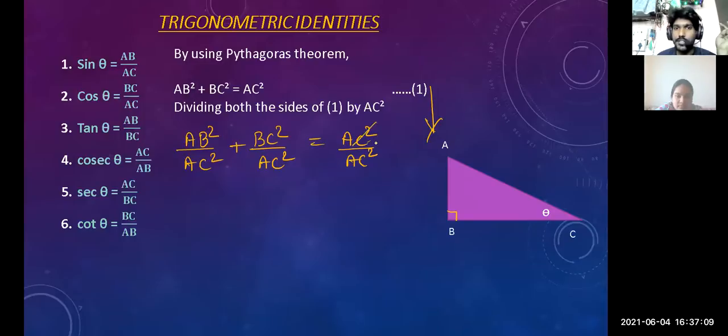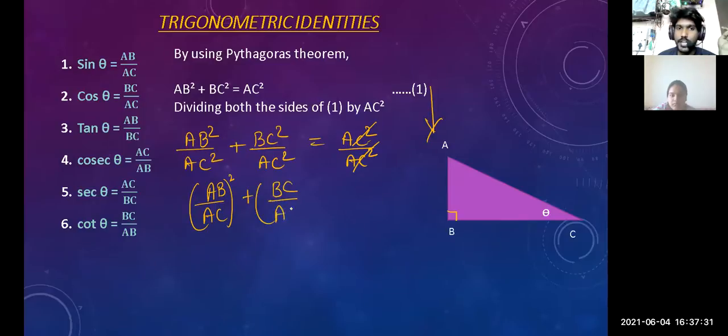Now here, AC square cancelled. What will remain here? 1, correct. And here, AB upon AC, the square is for both the numerator and the denominator, so you can write it together as AB upon AC whole bracket square, plus BC upon AC whole bracket square is equal to 1.